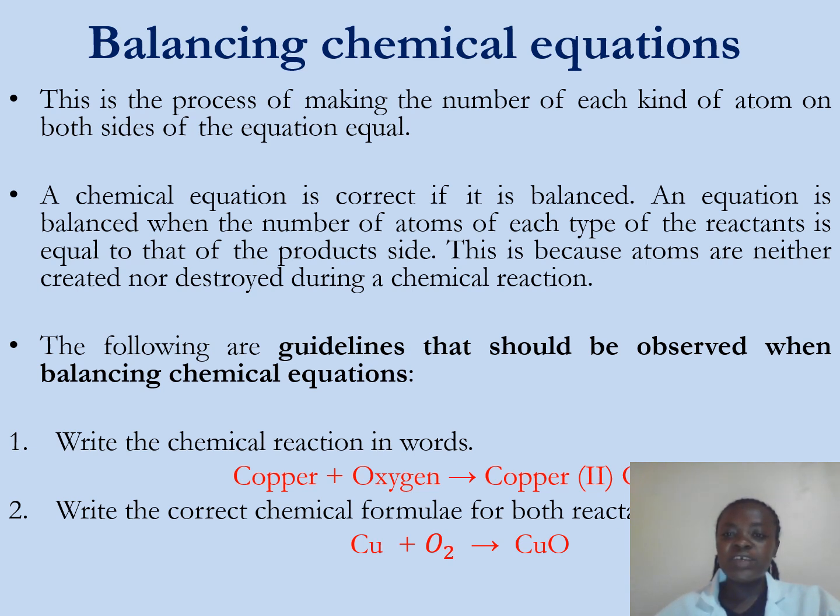So the number of each kind of atom on the reactant side must be equal to the number of atoms of the same kind on the product side. A chemical equation is correct if it is balanced. So an equation is balanced when the number of atoms of each type on the reactant side is equal to that of the product side.